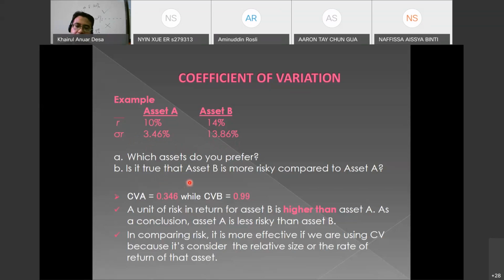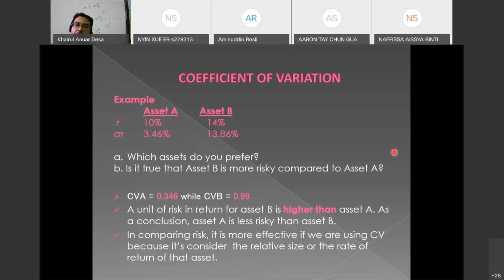Di sini kita dapat 3.46 bagi 10, kita dapat 0.346 untuk CV A, dan untuk CV B adalah 13.86 bagi 14, so kita dapat 0.99.